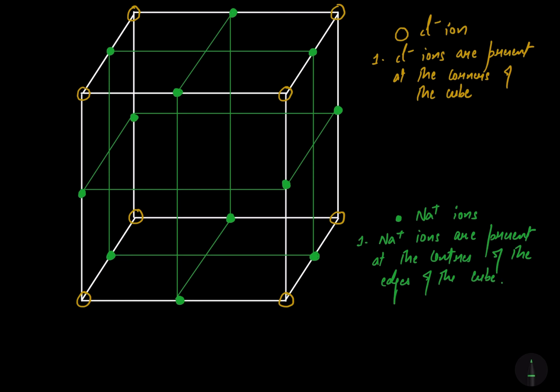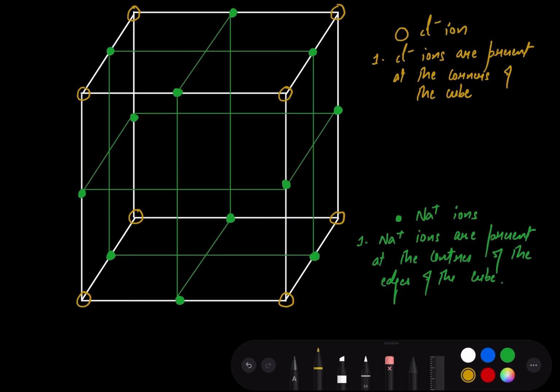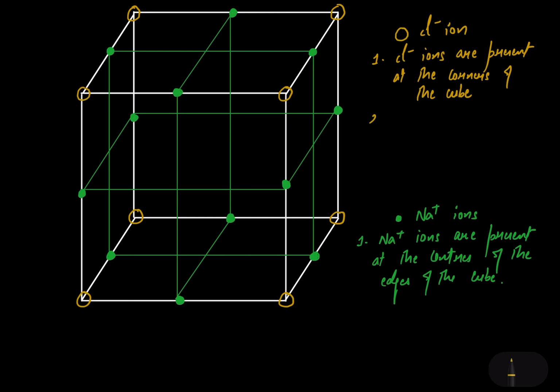Now, let's come back to the chloride ion. The second point: the chloride ions are also present at the face centers of all 6 faces of the cube.